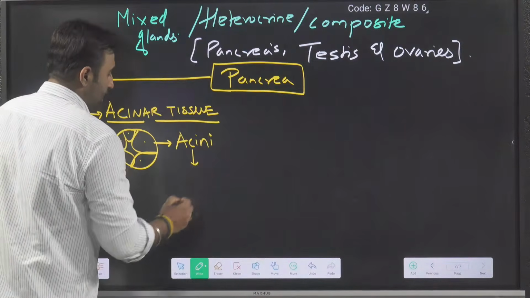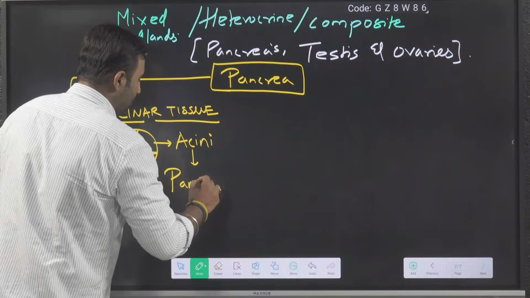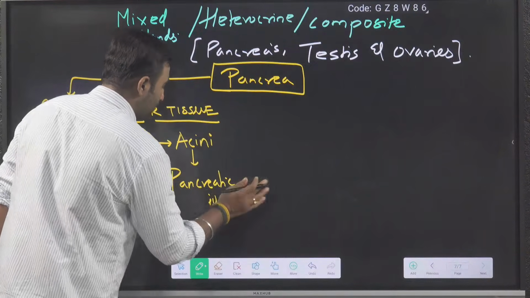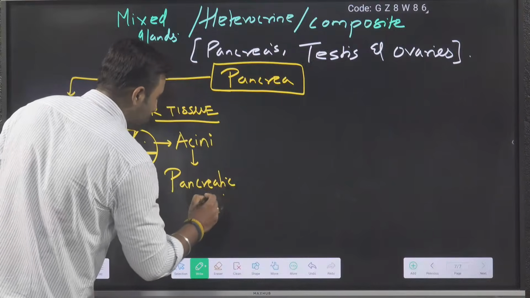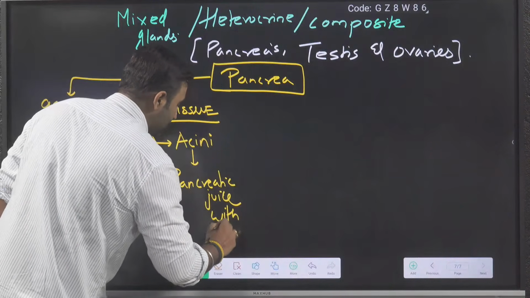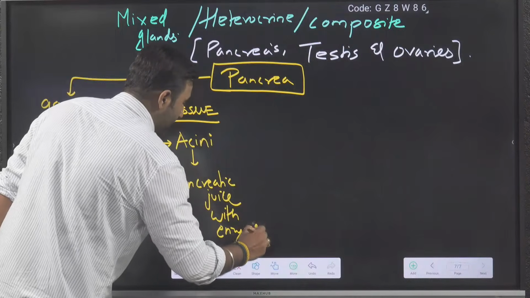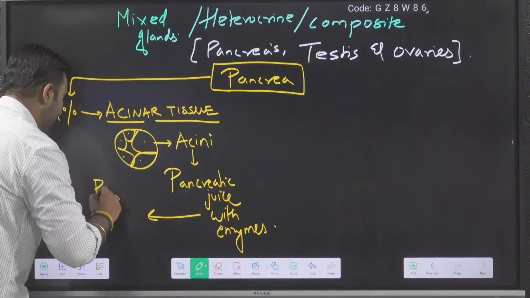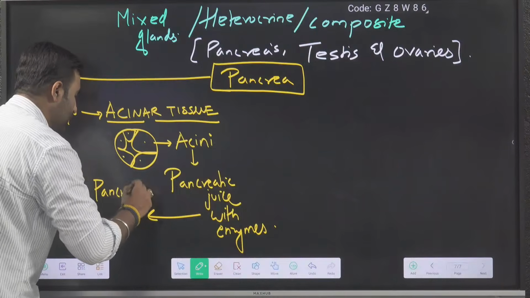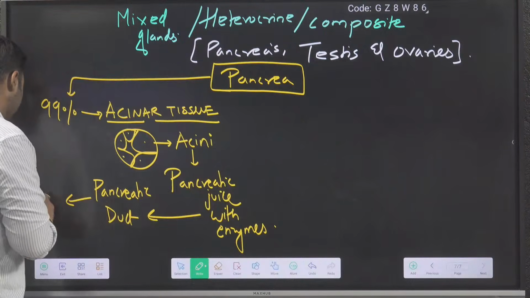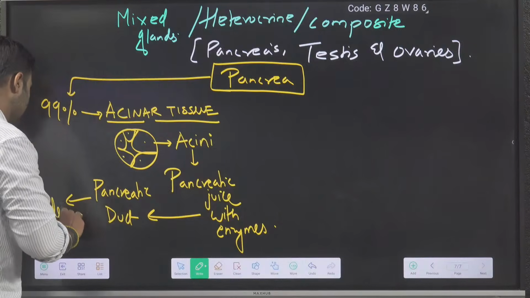What is this acini producing? This acini produces pancreatic juice with enzymes, and it is secreted in the pancreatic duct, which is opening in the duodenum of the small intestine.